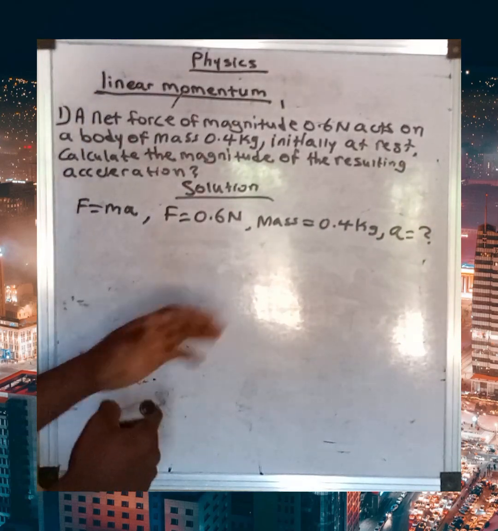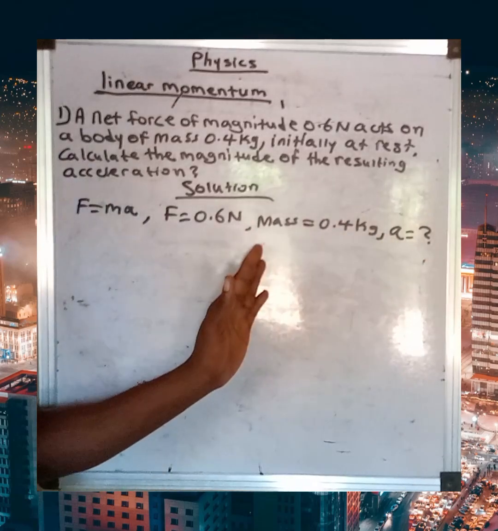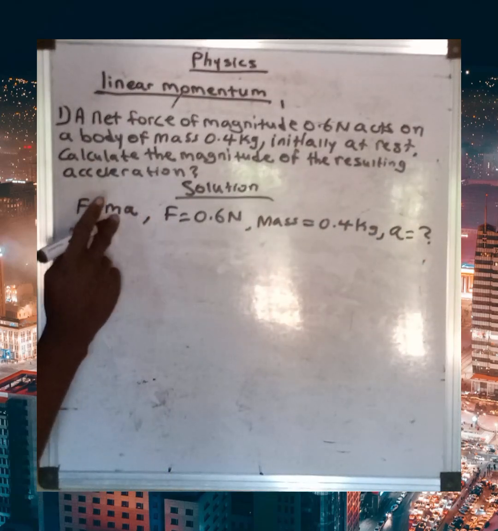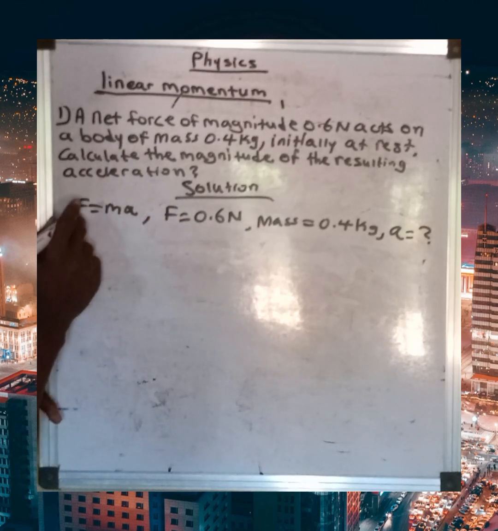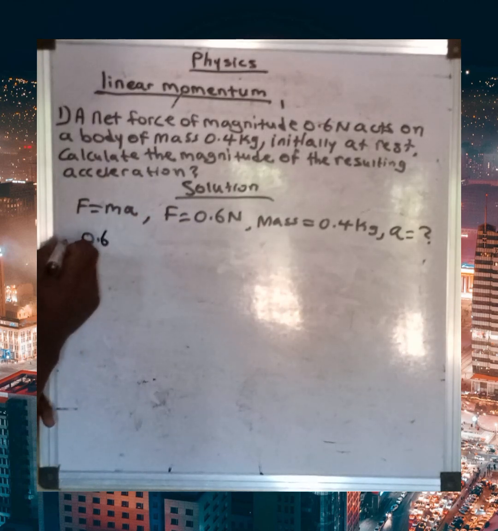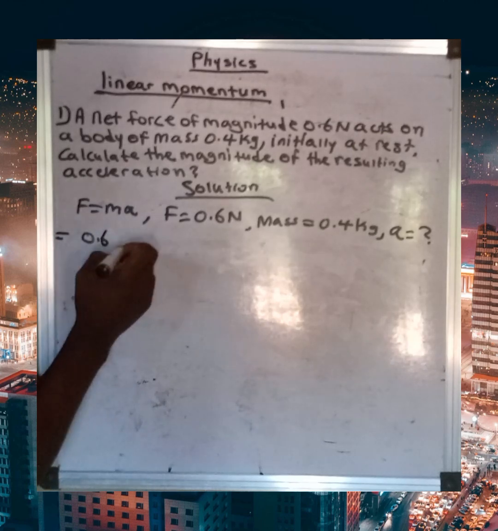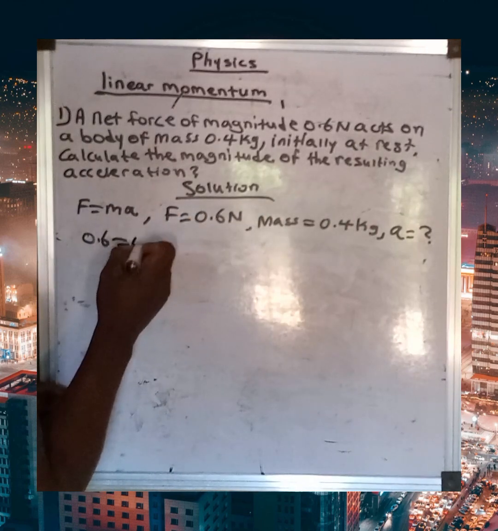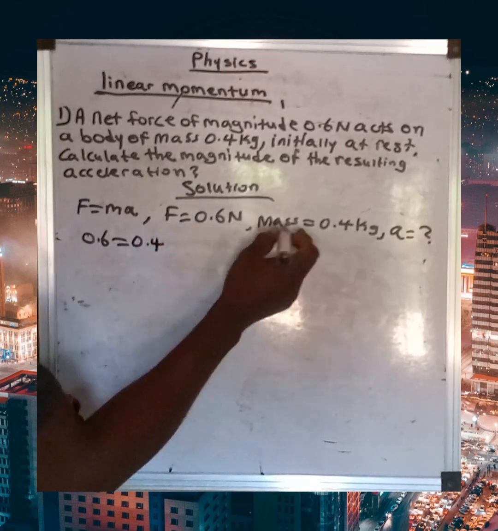So we are going to substitute everything into this formula. So we have F equals mass times acceleration. F equals 0.6 Newton, and mass is 0.4 kilogram.